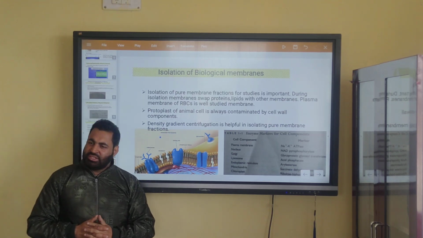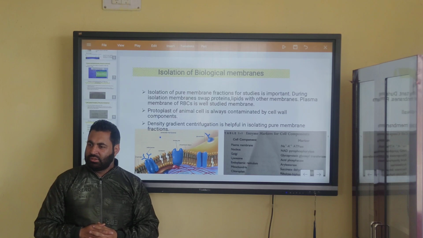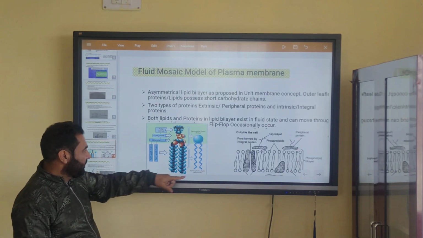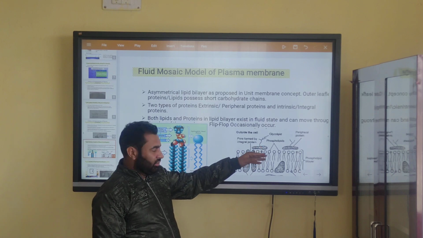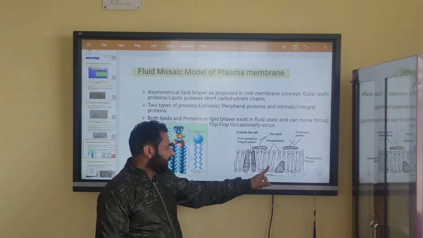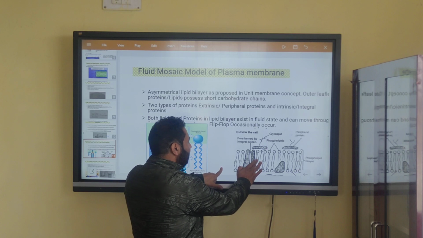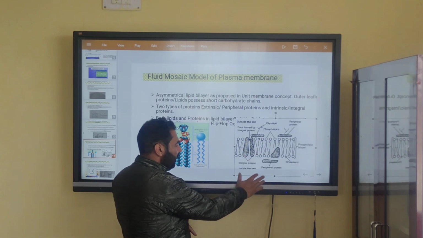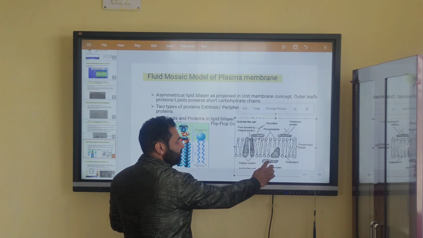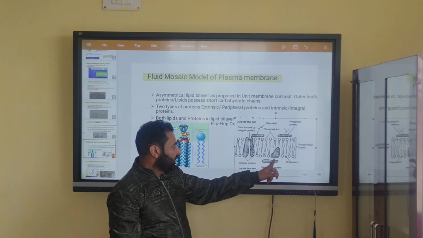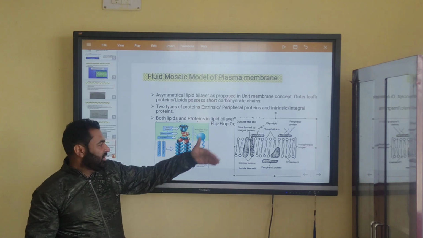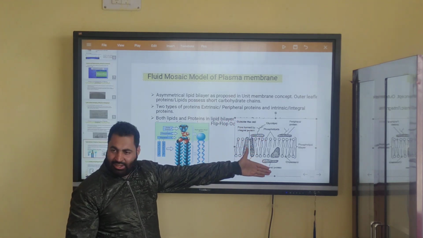What is the function of these peripheral proteins? What are peripheral proteins? Suppose here we have these proteins which are on the outer leaflet or inner leaflet, these proteins over here and these proteins over here. These are peripheral proteins. They are present in the periphery, either outer leaflet or inner leaflet.